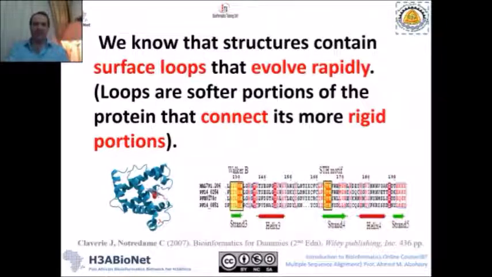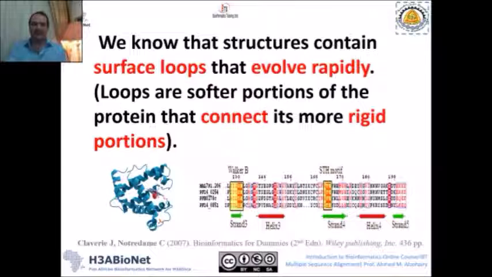So, for example, when you take a look at the structure, you know, of course, that surface loops evolve rapidly. These loops in the protein, by the way, are the softer portion of the protein. In this softer portion, you can always see that the amino acids in these loops are changing, and you can find a lot of mutation in these loops.